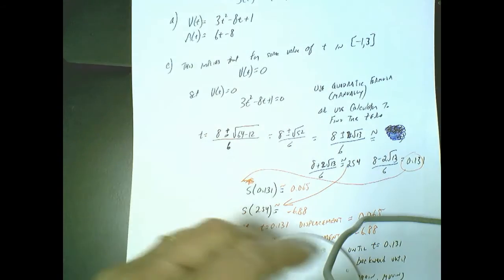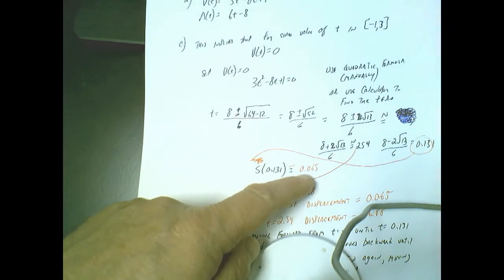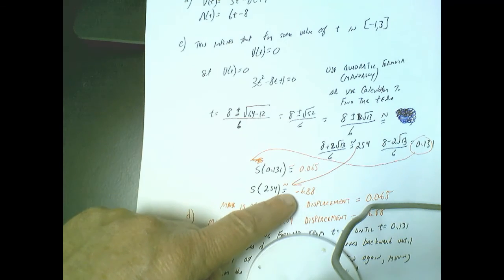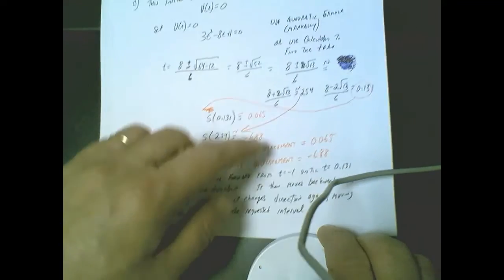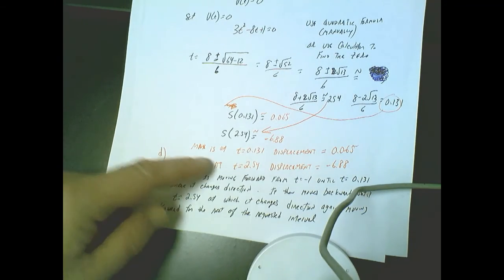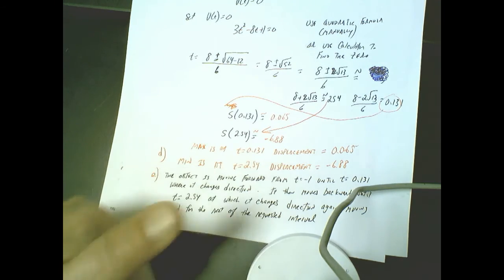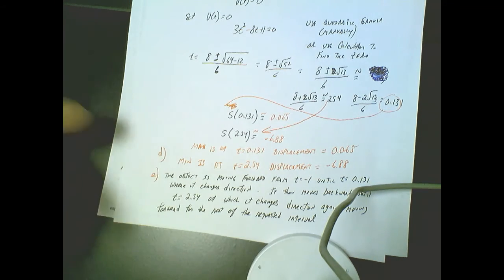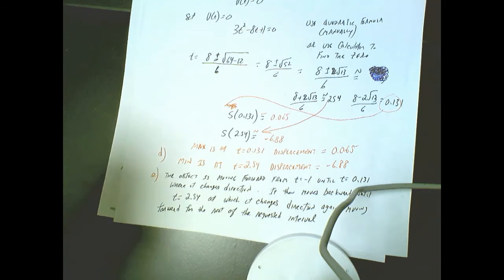We get those points, and the y-coordinate, or the displacement value, is 0.065, and negative 6.88. That's the worst displacement that I happen to have, and you can see it right here. I have a maximum displacement at t equals 0.131 with a displacement value of 0.065. My min, which is what part D is, when t equals 2.54, my displacement is negative 6.88.